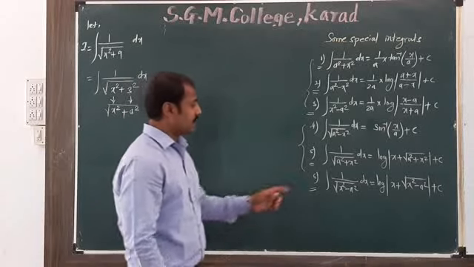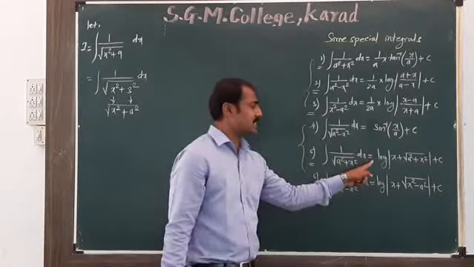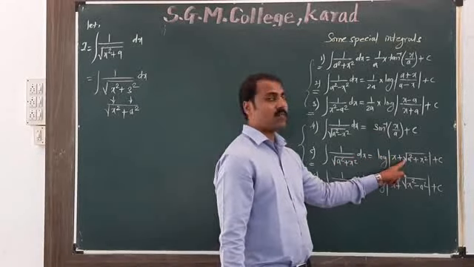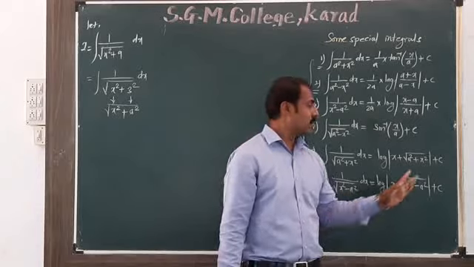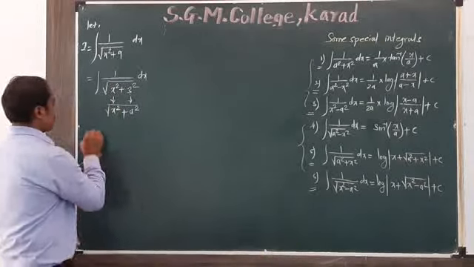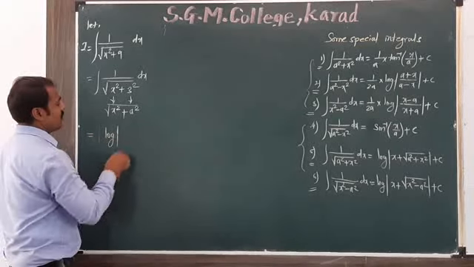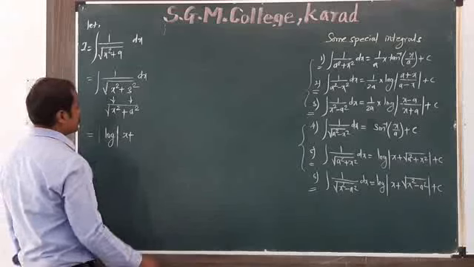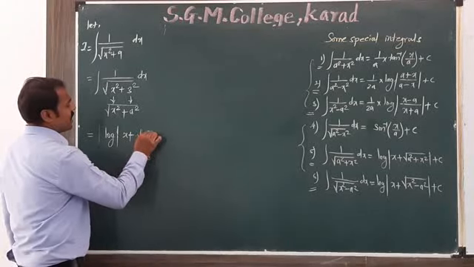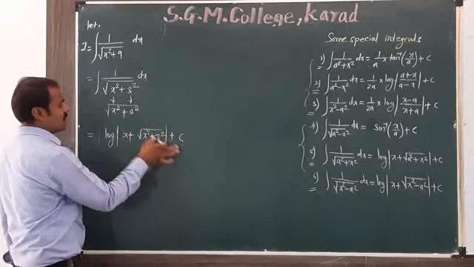And we know that the integration of 1 upon square root of a square plus x square dx is equal to log of mod of x plus the denominator, plus constant of integration c. So the answer of the question is log of mod of x plus the denominator term, square root of x square plus 3 square, plus constant of integration c.